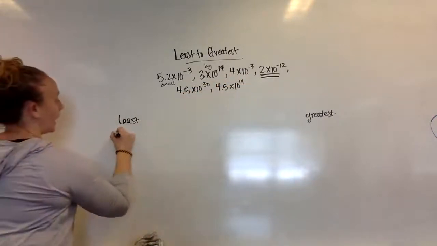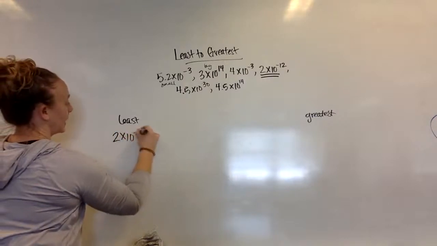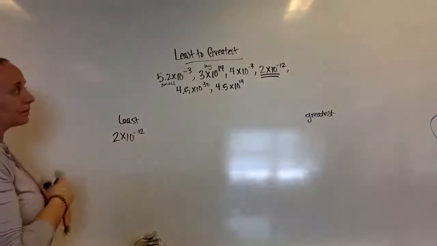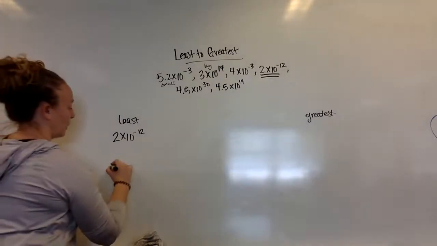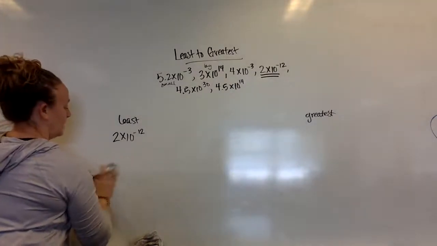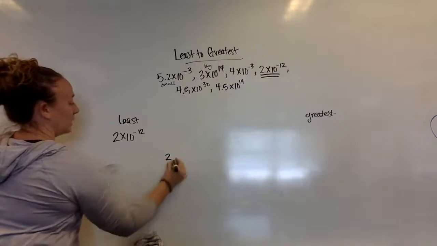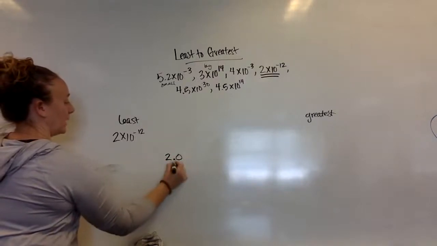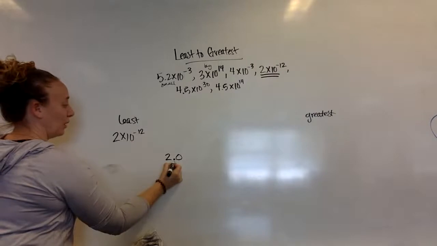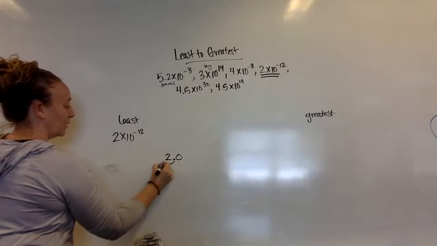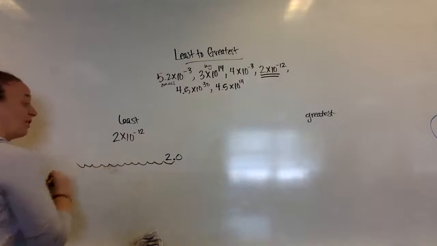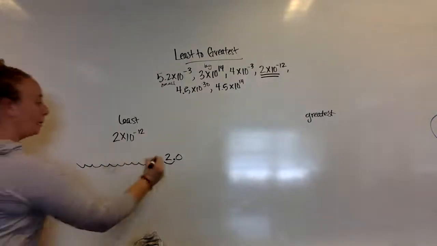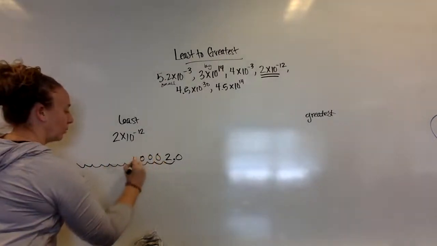So I can write that 2 times 10 to the negative 12th here. If I wanted to, I could write it out: 2, and then I'm taking this decimal point and bringing it over negative 12 place values. 1, 2, 3, 4, 5, 6, 7, 8, 9, 10, 11, 12. That's a lot of place values, putting in zeros for every one of those.